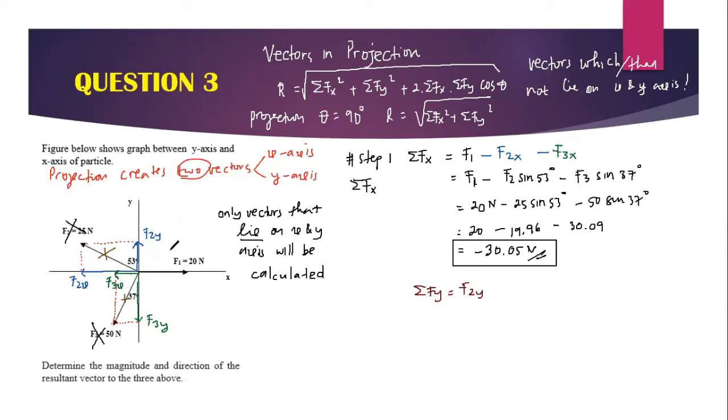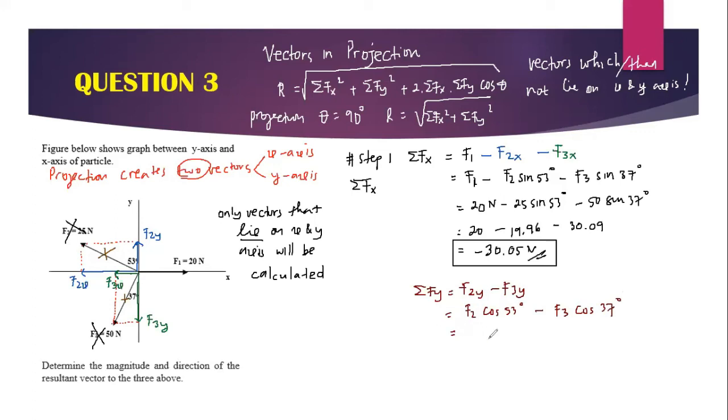And then F3y, minus F3y. Is it clear, everyone? What is F2y? F2y is F2 cosine 53 degrees, minus F3y, F3 cosine 37 degrees. Okay, go.